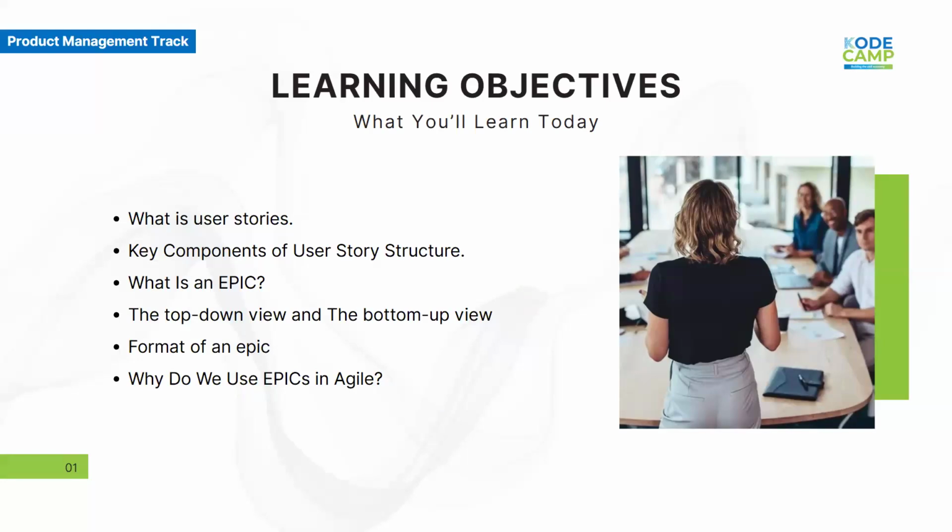What epics are, how to use epics, how to structure your epics properly, and also how to think about your stories from both the top-down view, the big picture, and then the bottom-up view, which is the actual task, right? And then we'll wrap it up by talking about why we even bother with epics in Agile.